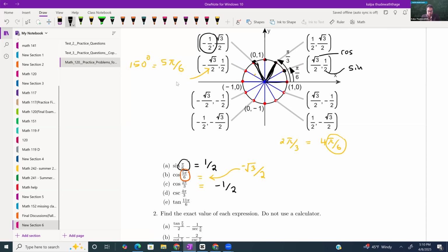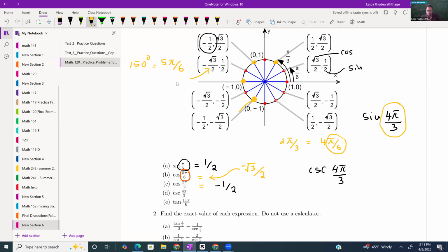This is minus half. And then you need cosecant 4 pi over 3. To find that, we will find sine 4 pi over 3. So you need to find the location of this angle, like the terminal position. How many pi over 3 is 4? So this is 1 pi over 3, 2 pi over 3, 3 pi over 3, which is pi, and 4 pi over 3.